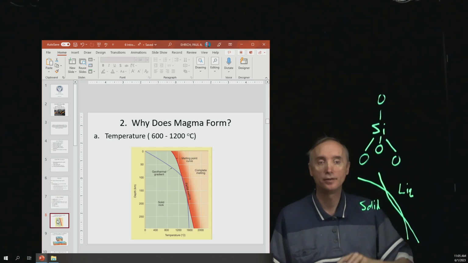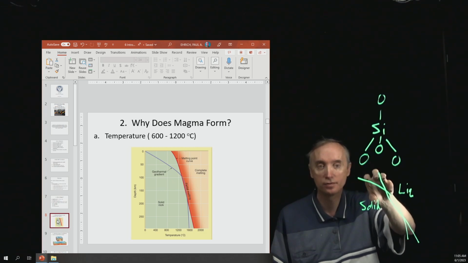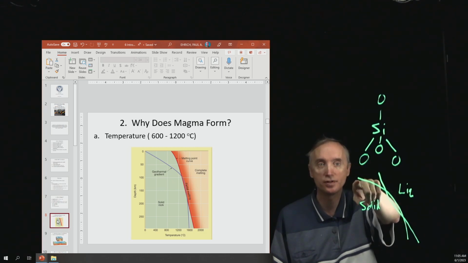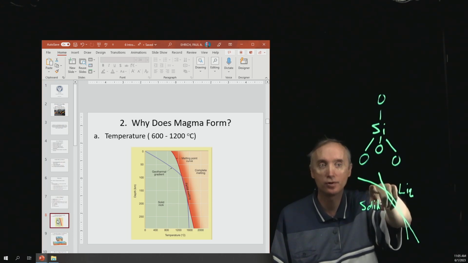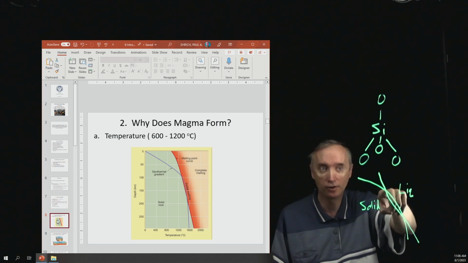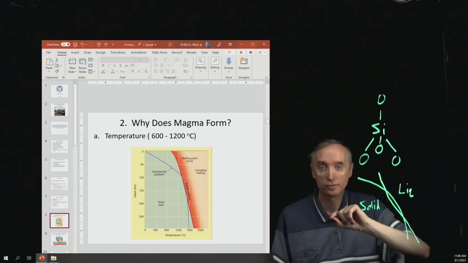So notice that rocks under low pressures and temperatures are going to be solids. Okay, but then as you go deeper inside the Earth, the temperature and the pressure are increasing. Eventually it gets to this point right here, and at this pressure and temperature it liquefies.